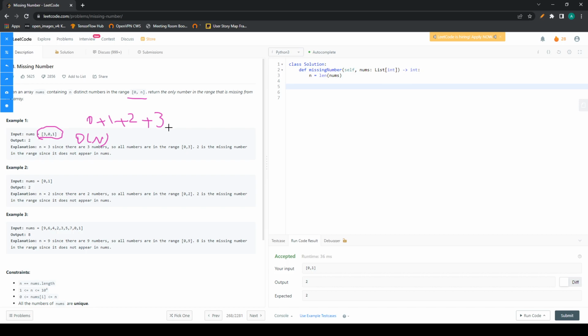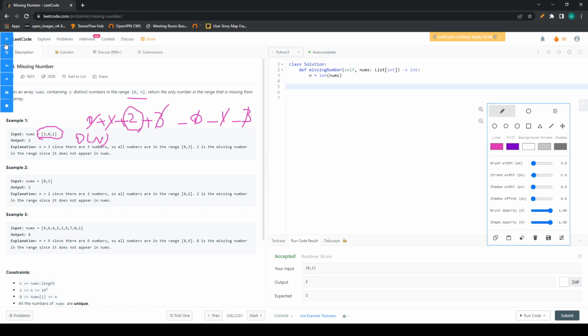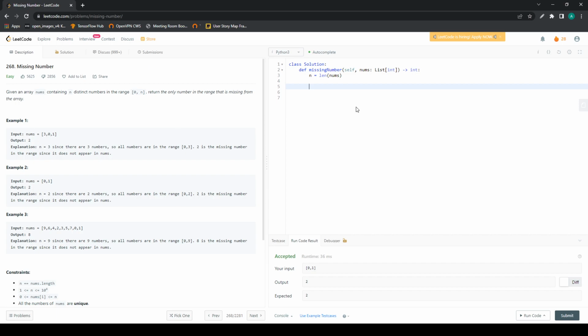We are just iterating through that. So minus 0, minus 1, and minus 3. These are removing themselves by simply subtracting, and then we're left with 2. So the second solution is we compute the sum of range of n plus 1, again because Python's range is not inclusive, minus the sum of nums, and then you can return that.